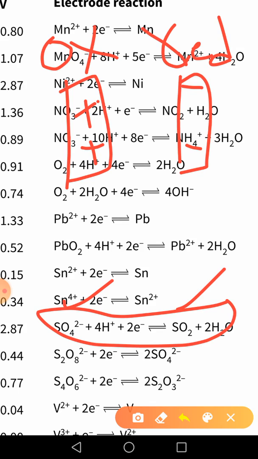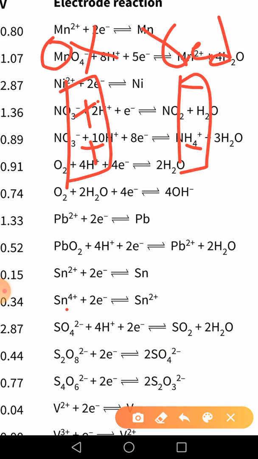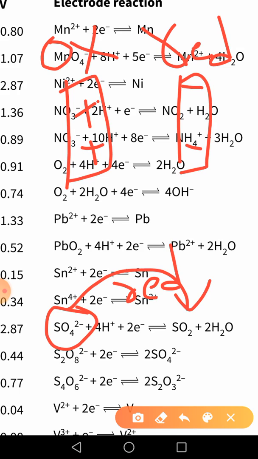If you want to neutralize sulfate, then you have to go again from the left side to the right side, and from left to right in the electrode potential, it is reduction. So to neutralize the sulfate ion, you have to reduce it.